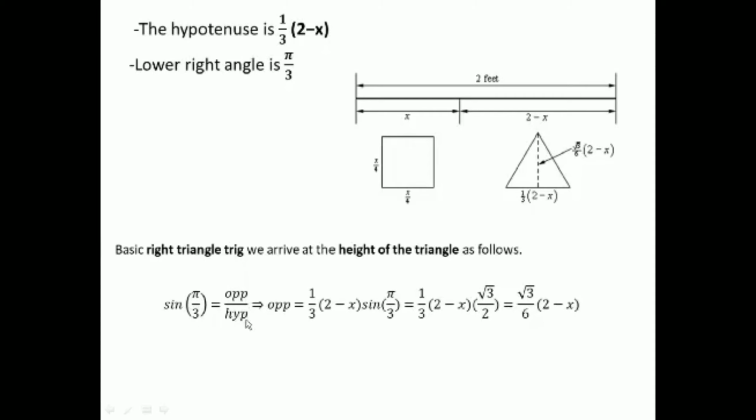Sine pi over 3 is equal to opposite over hypotenuse, which is opposite over 1/3 times 2 minus x. So the opposite is 1/3 times 2 minus x, in parentheses, times square root 3 over 2, which is equal to square root 3 over 6 times 2 minus x.